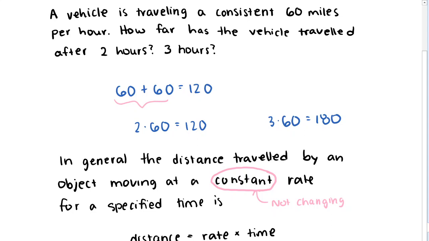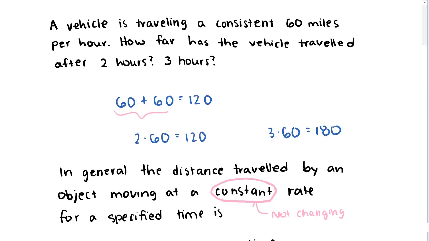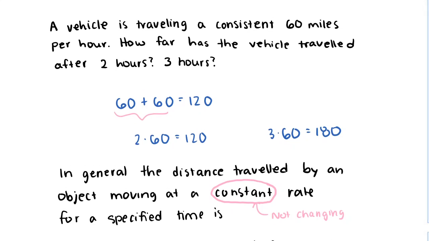If it's changing, then we can't really make the same conclusion. So this formula for the distance really depends on our object traveling at a constant rate, a rate that's not changing.